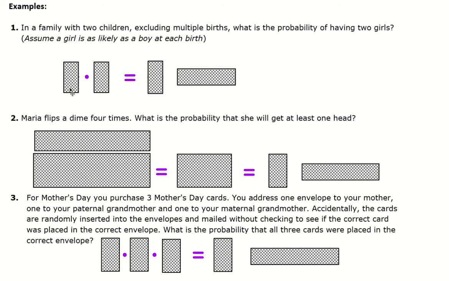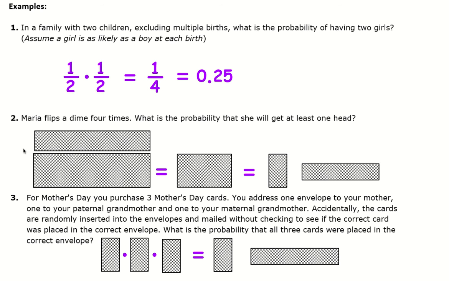Well, the chance of having the first girl is 1 out of 2. The chance of having the second girl is also 1 out of 2. You just multiply them together. This is 2 separate events that each have a probability of 1/2. So you multiply them together.